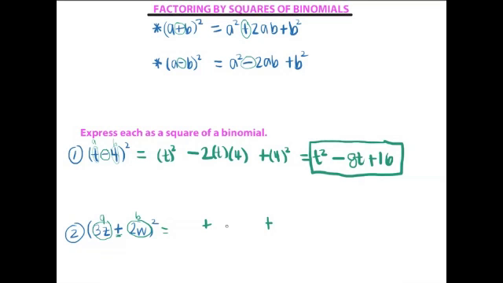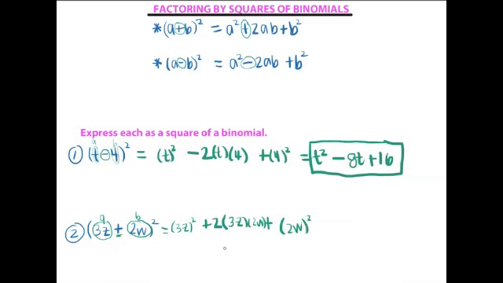Here we go, filling in, just like star number 1. A squared is 3Z squared, plus 2, that 2 that's always there, A is 3Z, B is 2W, and then B squared.